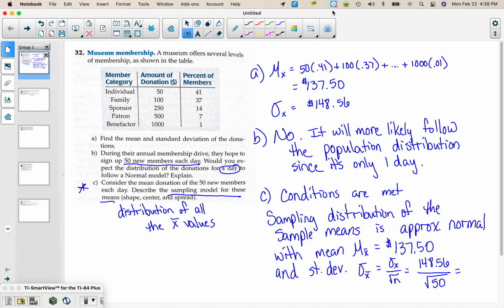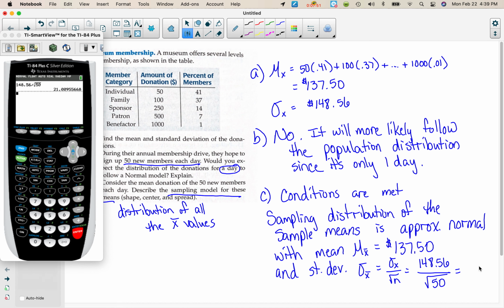So we can calculate this, and I get $21.01. So look how much smaller my standard deviation is. So it's approximately normal with a mean of $137.50 and a standard deviation of $21.01.